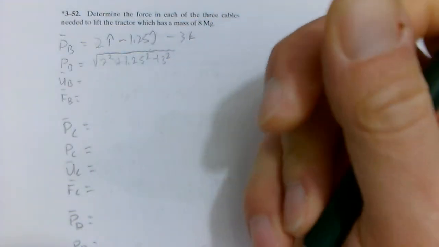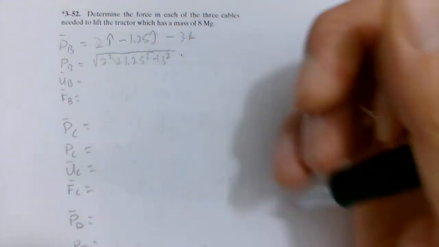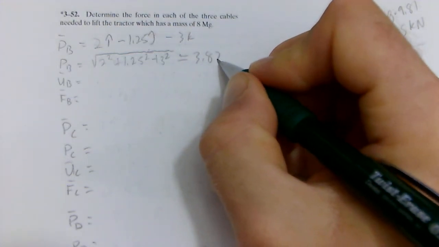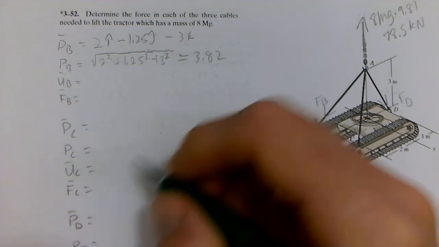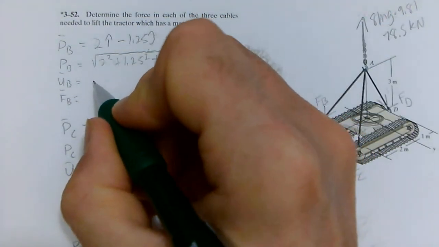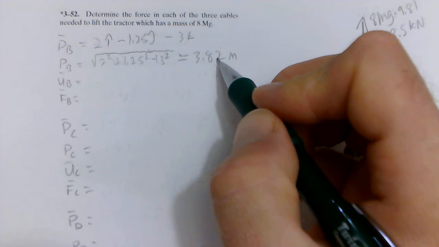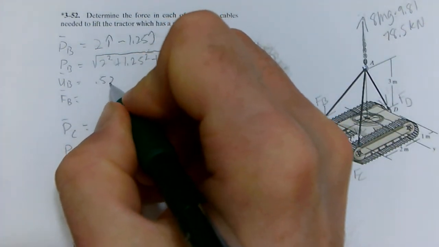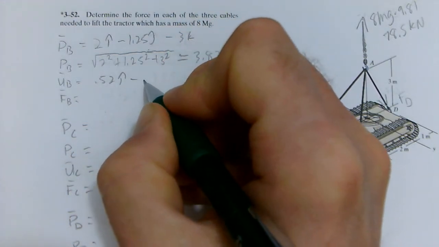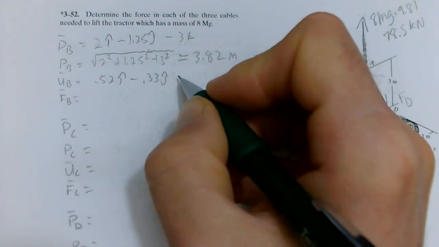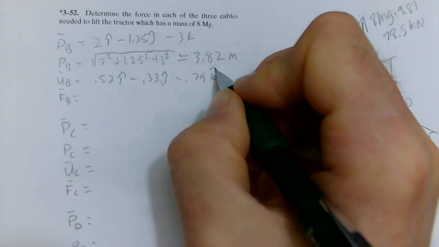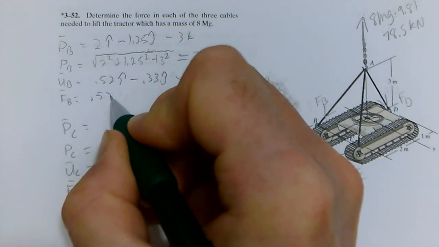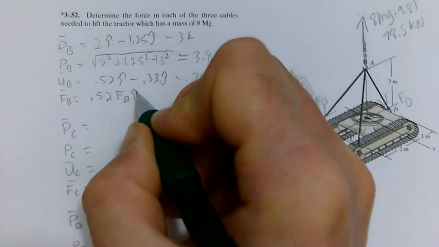I'm going to ignore signs because we're squaring them. And so we get 3.82 meters. So we're dividing each of these by this. So 2 divided by 3.82 is 0.52 in the I, and then minus 0.33 in the J, and then minus 0.79 in the K. And so turning that into a force vector, all we do is put the magnitude FB on each one.